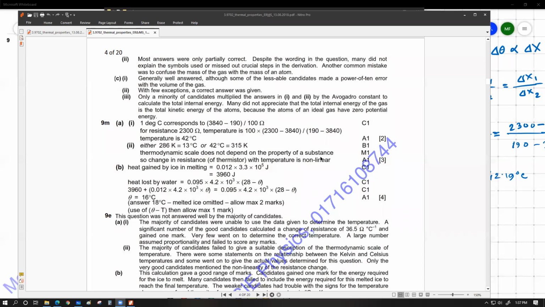Yes. So change in resistance of thermistor with temperature is non-linear. What does that mean?